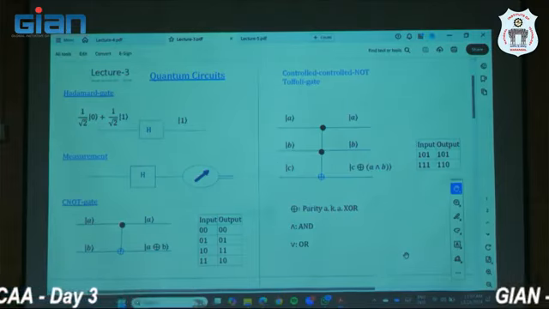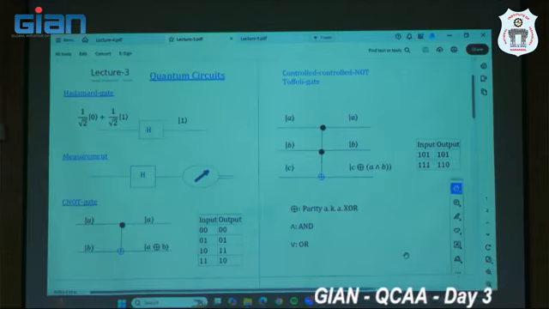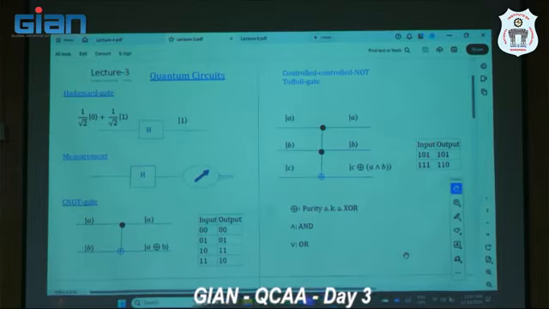Yes, that's also a representation of qubits. Yes, Bloch sphere. We will not need to cover it so much for our purposes, but if needed, we can cover it later on also.